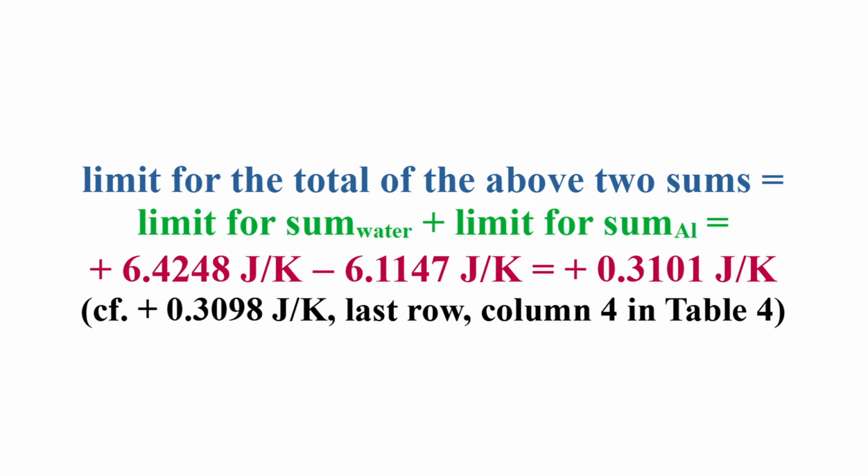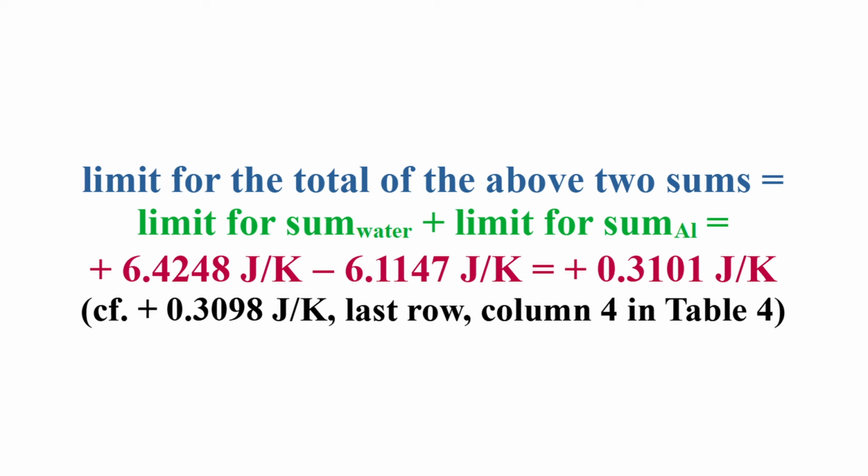The limiting value of the total of the above two sums is positive 0.3101 joule per Kelvin. Compare this with the value of positive 0.3098 joule per Kelvin in the case of negative 0.001 Kelvin for the del T of aluminum in the last row of column 4.